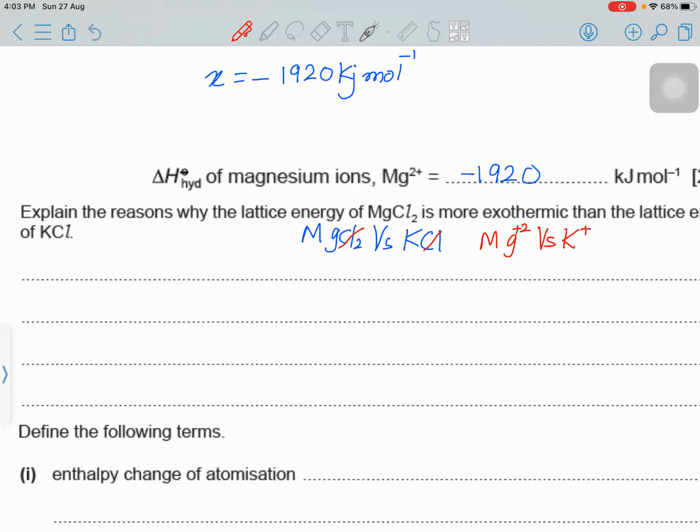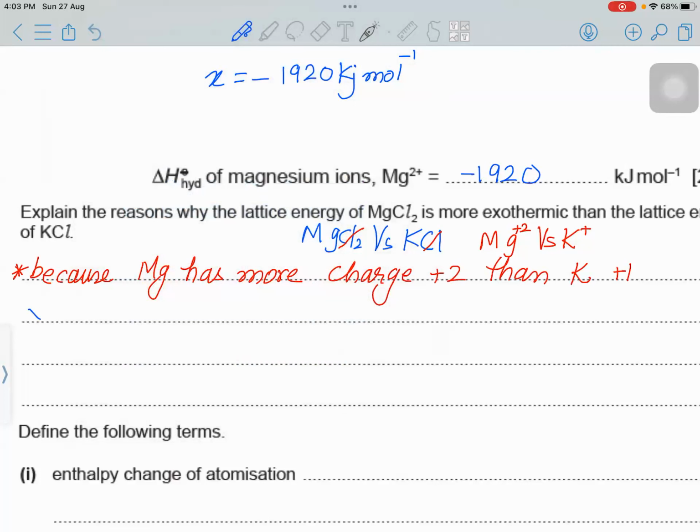Magnesium. So the lattice energy of magnesium chloride is more, because magnesium has more charge, +2, than potassium, +1.